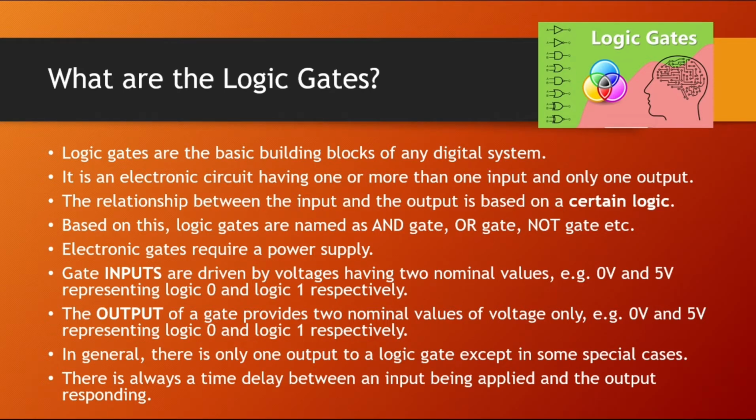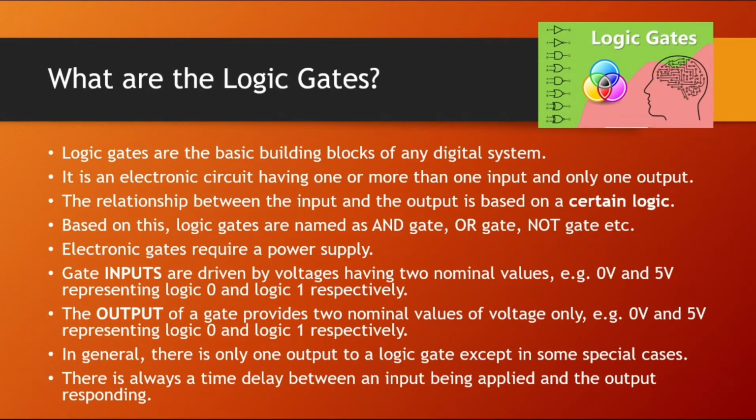These gates are powered with some voltage value, and 5 volts is the maximum voltage that you can provide to these gates. The inputs are also given in the form of voltage values. They are nominal values: 0 volt is considered logic 0 or bit 0, and 5 volt is considered logic 1 or bit 1. Similarly, if they produce an output around 0 volt, that is considered logic 0, and if they produce around 5 volt, it is considered logic 1.